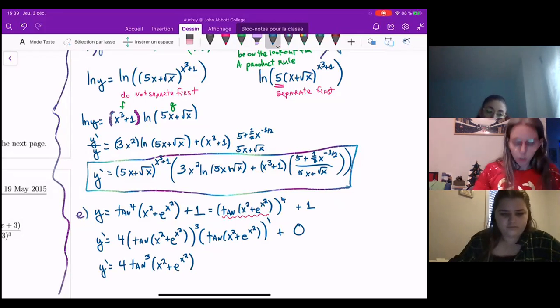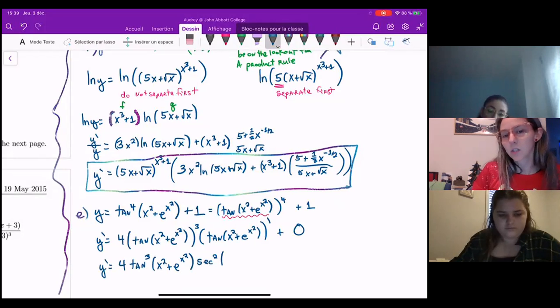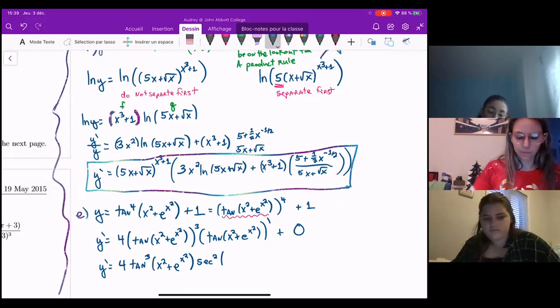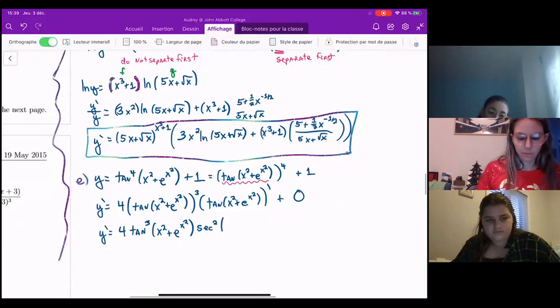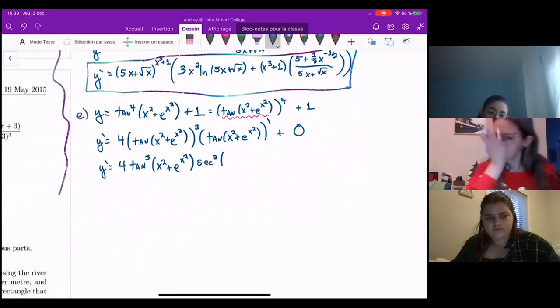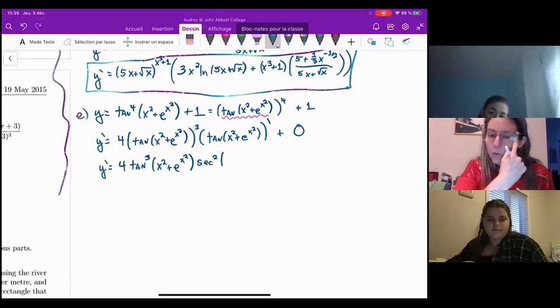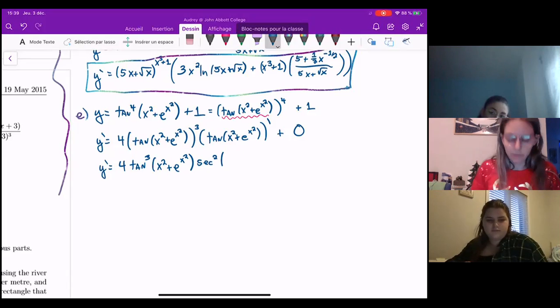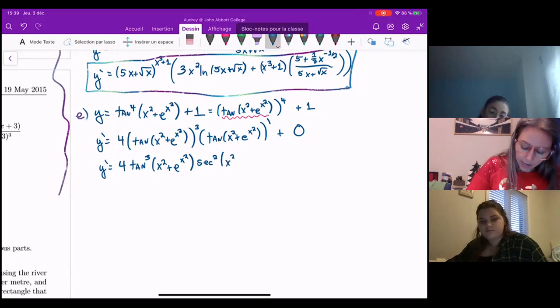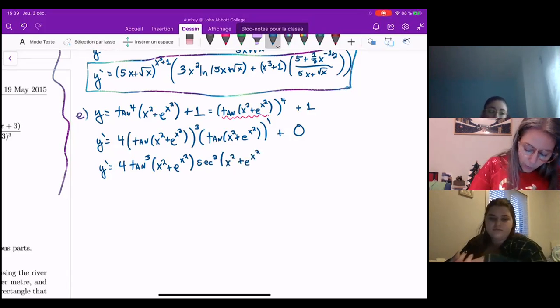You got it. So that's secant squared. Am I evaluating it at x? Should I write secant squared of x? You got it. No, put g of x instead. In this case, my g of x is x squared plus e to the x squared.